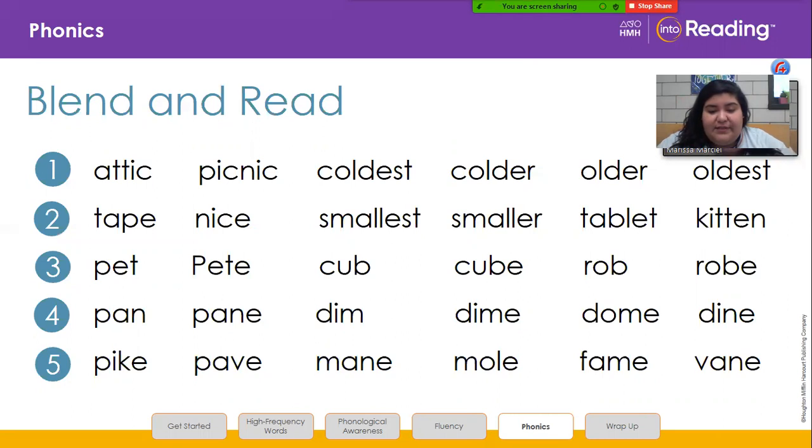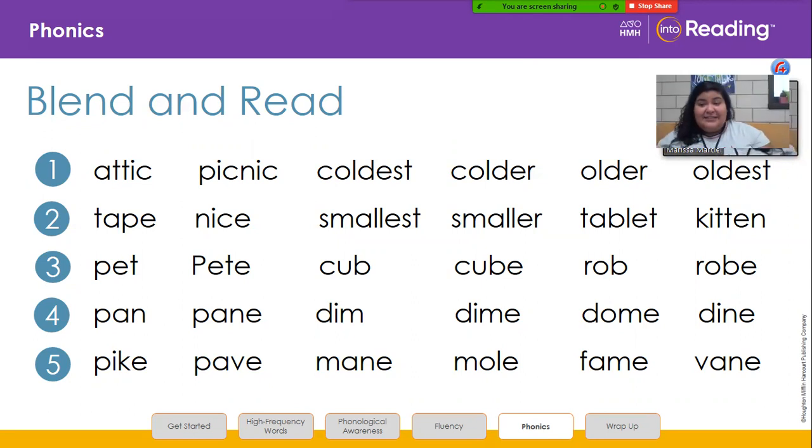How do you know? Because we hear it, right? So which words compare two people or things? Colder and older. And we know that because they end with the ER, right? Now, which words in this one compare more than two? Oldest and coldest, right? Good job.